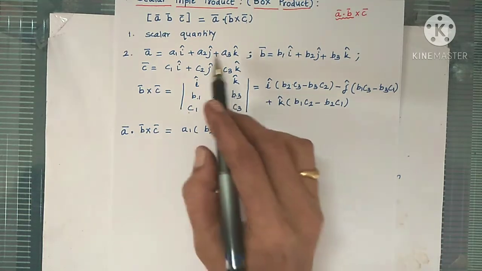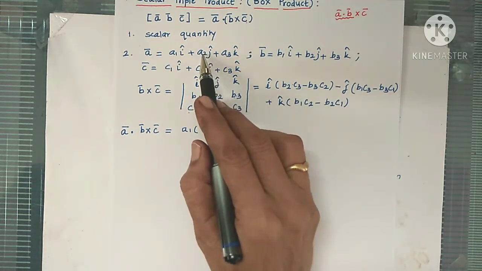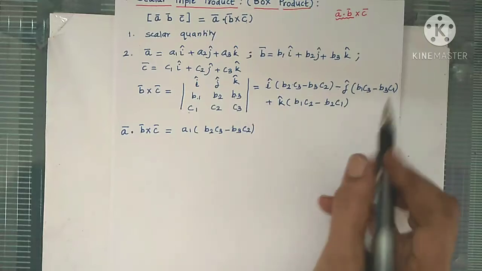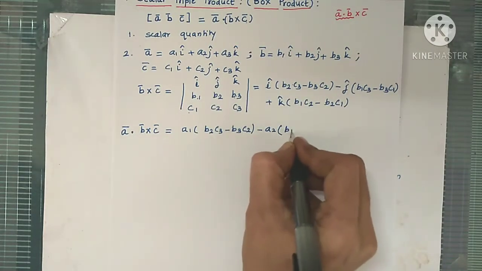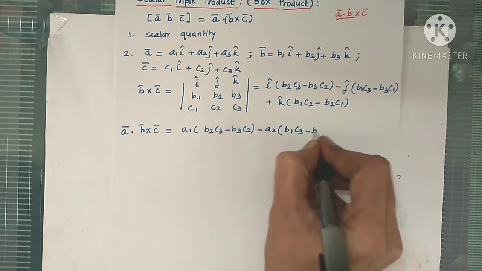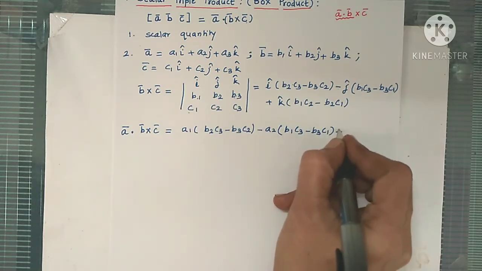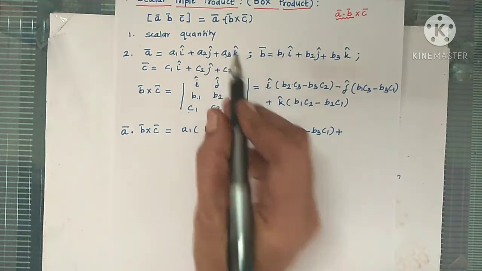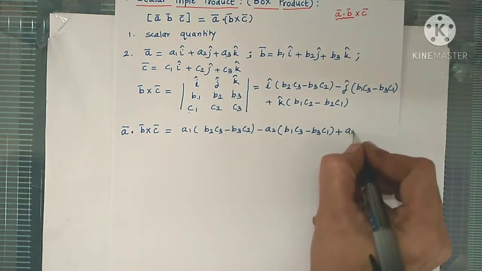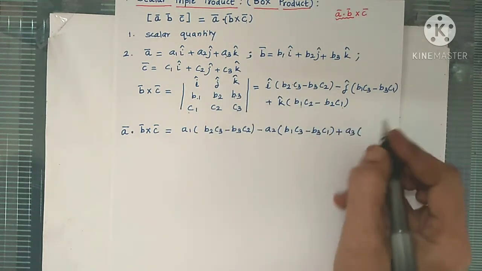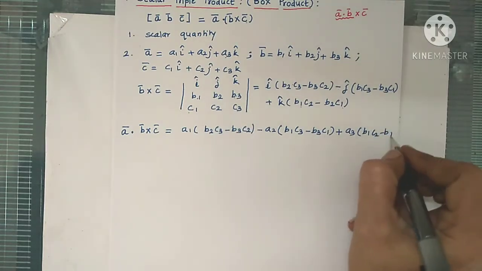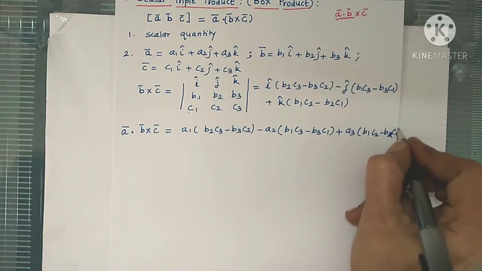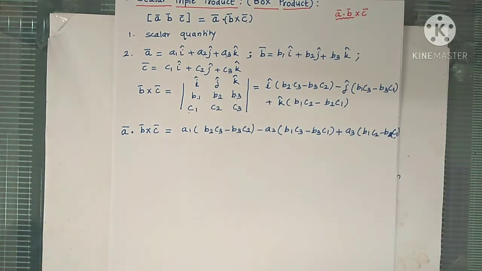For the next one, coefficient of j cap is a2 here and here it is minus bracket, so this becomes minus a2 (b1 c3 minus b3 c1). Coefficient of k cap in a bar is a3 and in this vector is this bracket, b1 c2 minus b2 c1. So this is a bar dot b bar cross c bar.